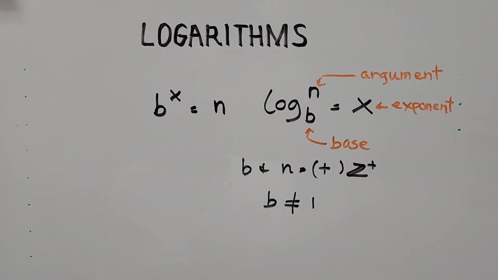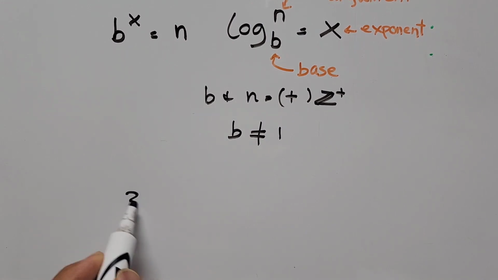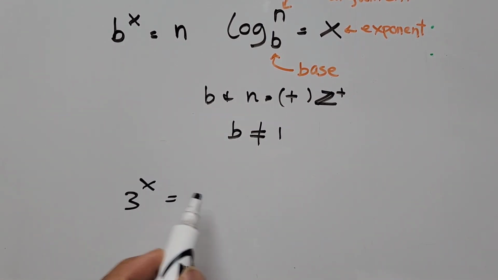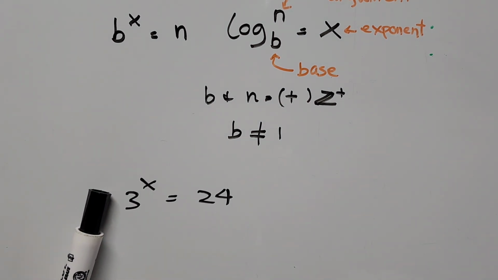As I have mentioned earlier, logarithms are the inverse of exponential functions. So this means that we can use logarithms to solve exponential equations. Let's see how that works. We have an equation over here: 3 to the power of x is equal to 24. How are we going to solve for the value of x, the exponent of 3?